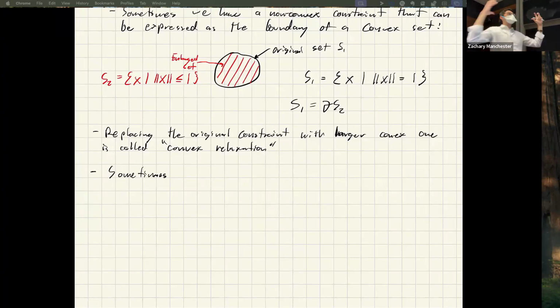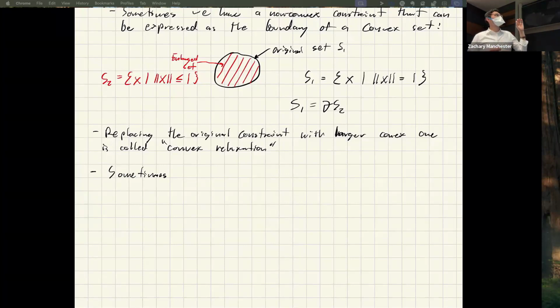So even though I enlarge the set to include the interior, the optimum of the relaxed problem is always going to lie on the boundary of the set anyway, because of the type of cost function, which means that even if I solve the relaxed problem, my solution's always going to be the true solution to the original problem.